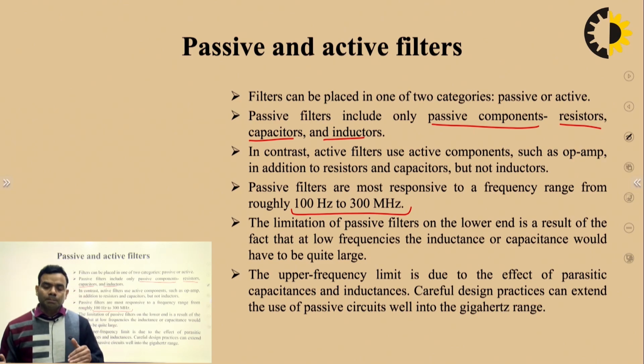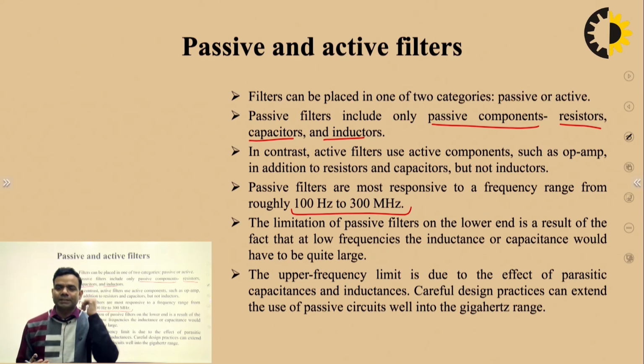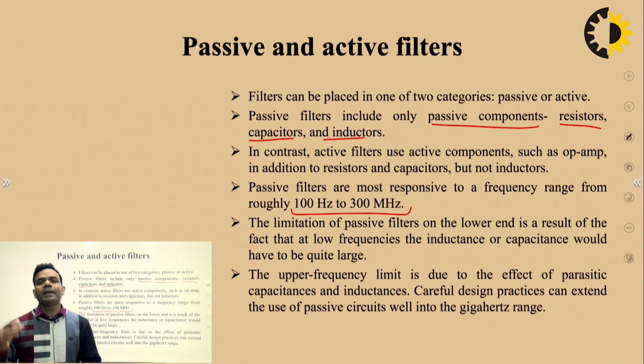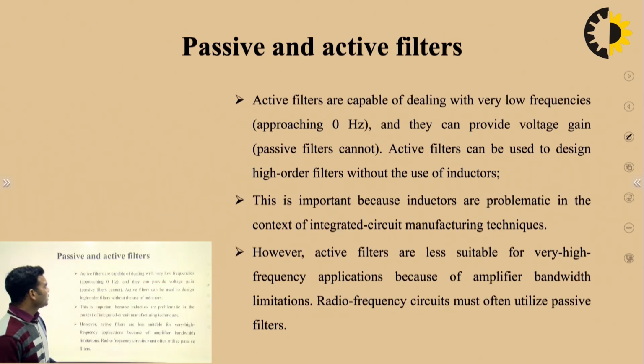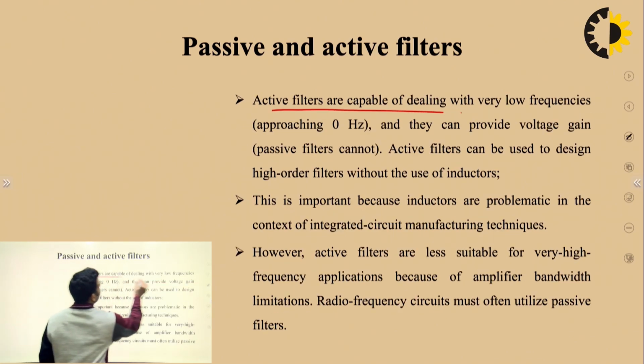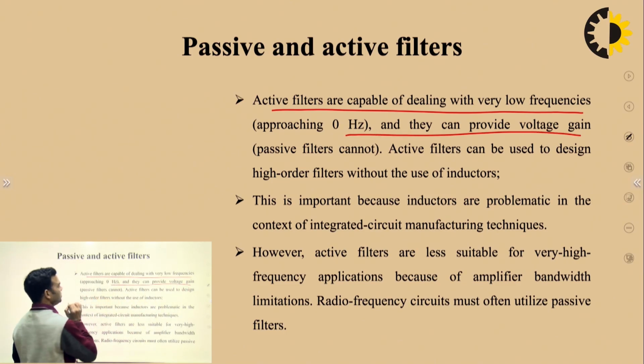If the signal passes through a passive filter, the signal strength will decrease, and they cannot provide any gain, they cannot increase signal strength. While active filters are capable of dealing with very low frequencies and they can provide voltage gain.